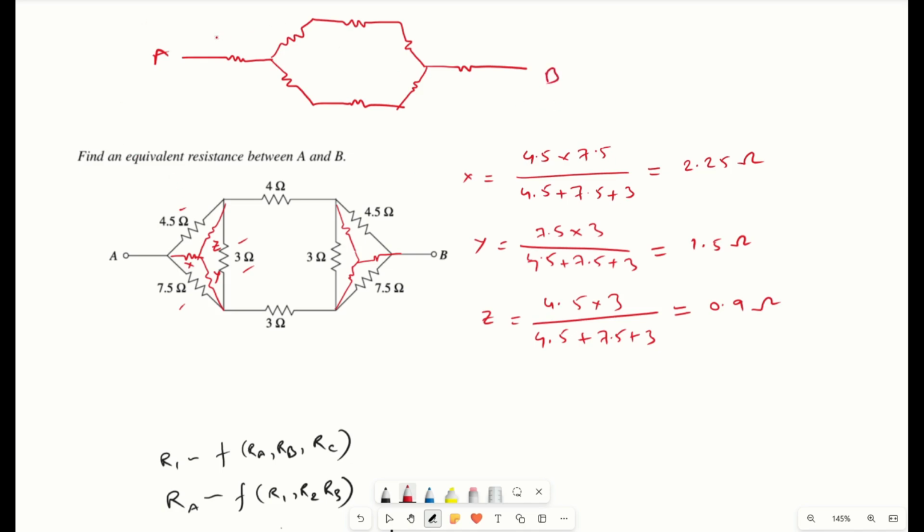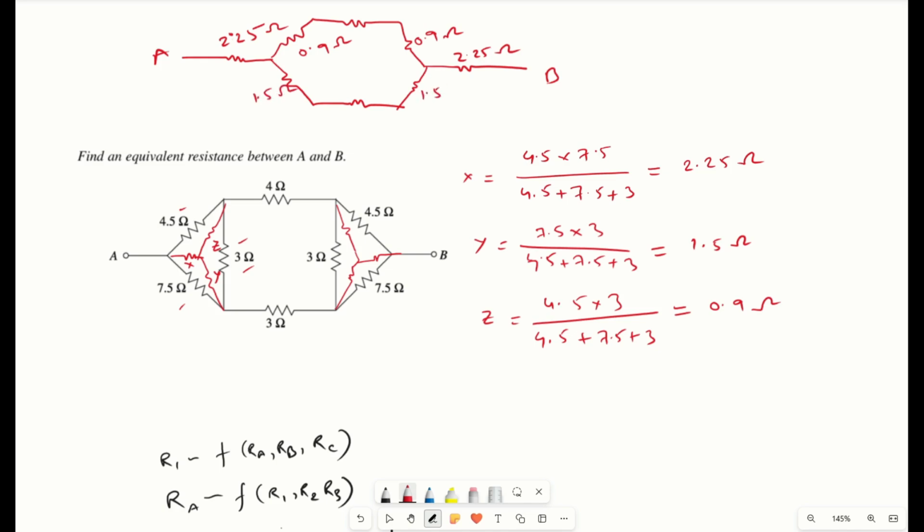Now this x we are getting as 2.25, and similarly on the other end also we are going to get 2.25. Then this z resistance we are getting as 0.9 ohm, and the other way around also it will be 0.9 ohm. Then the remaining is 1.5 ohm.